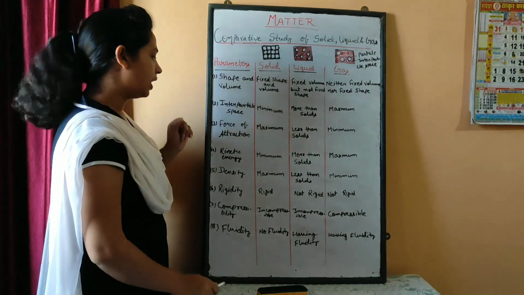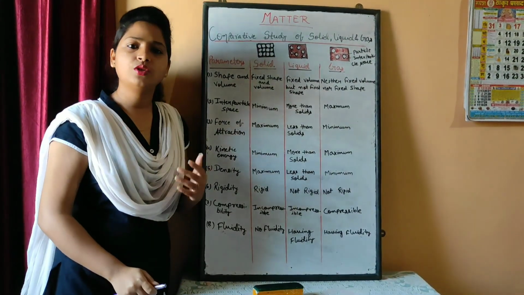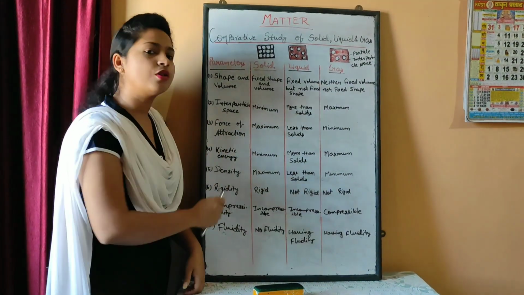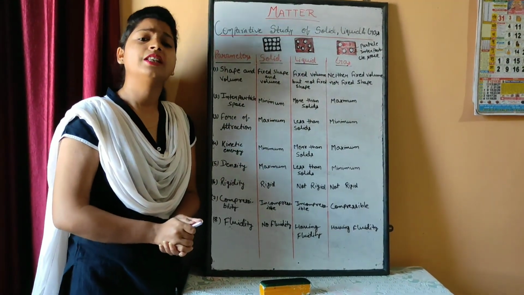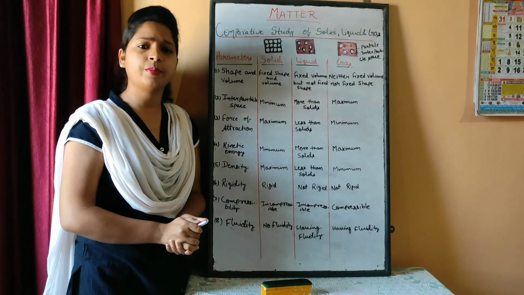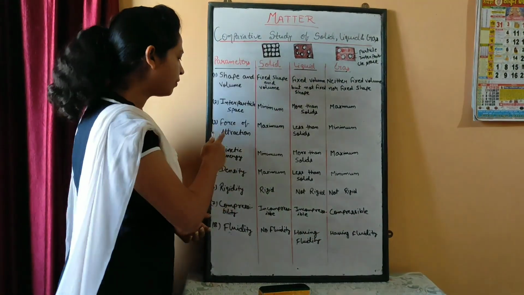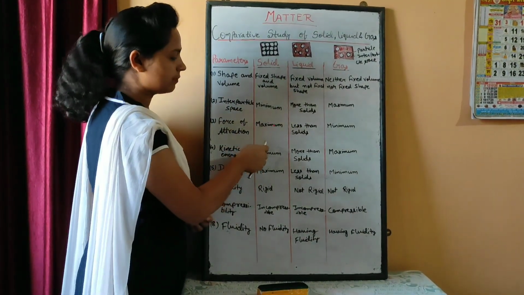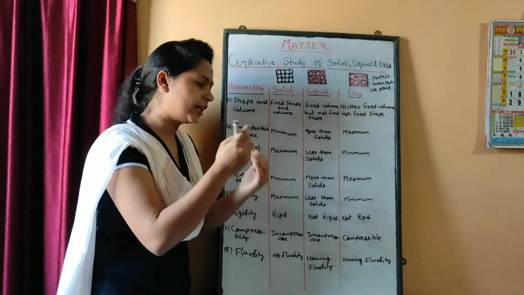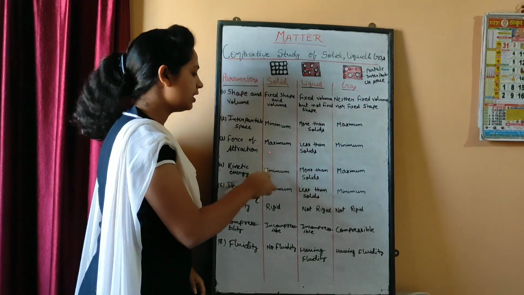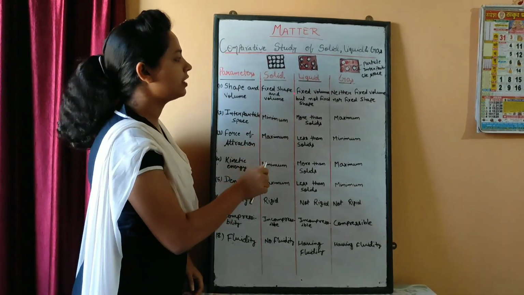Right? Now the third parameter which we are having is force of attraction. Already you know force of attraction is what? The binding force which holds two particles together. So the force of attraction in solid state is maximum. Since the particles are very closely arranged, very tightly packed, the force of attraction is maximum in the case of solid state.